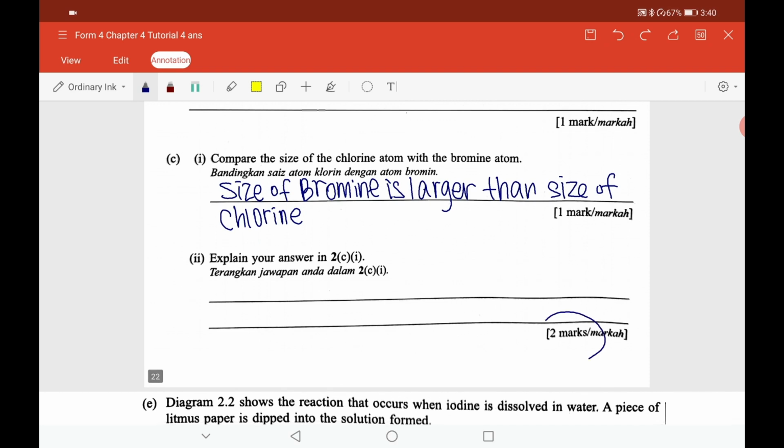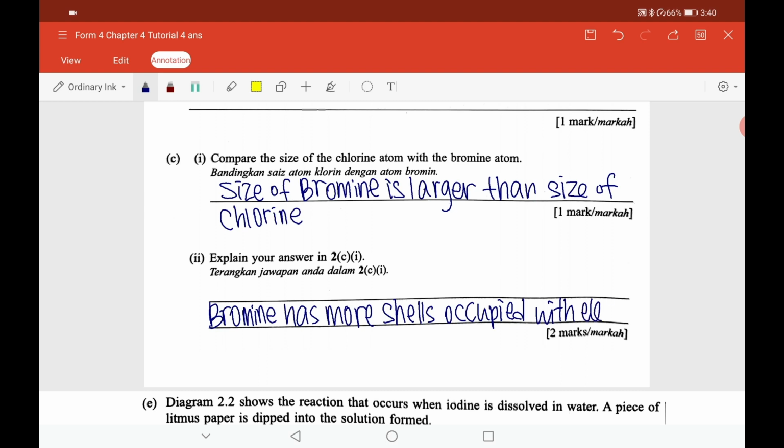But you can see they give you 2 marks. If you only say shell, there's only 1 mark. Many students will write, bromine has more shells occupied with electrons compared to chlorine.